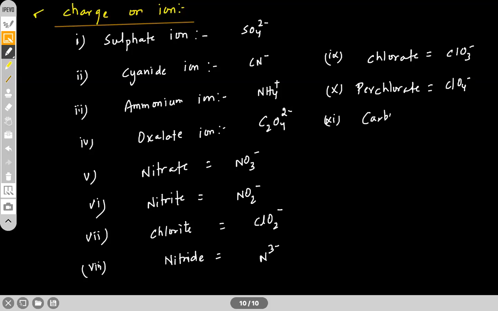Carbonate is CO3 2 minus. Thiosulfate, not very important, is S2O3 2 minus. All these things are not important, but obviously the first four, perchlorate is important, nitrite is also important. Okay, these 5, 6 things.